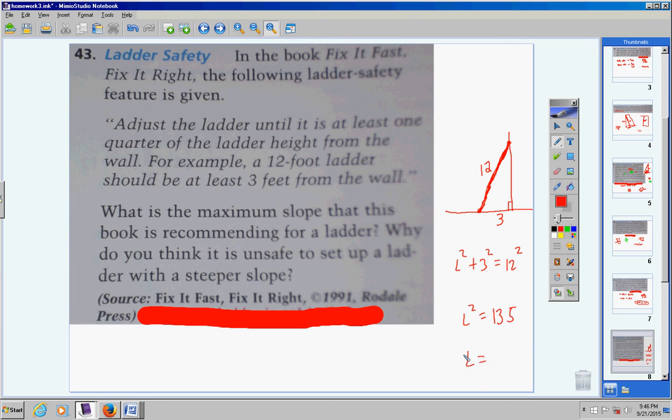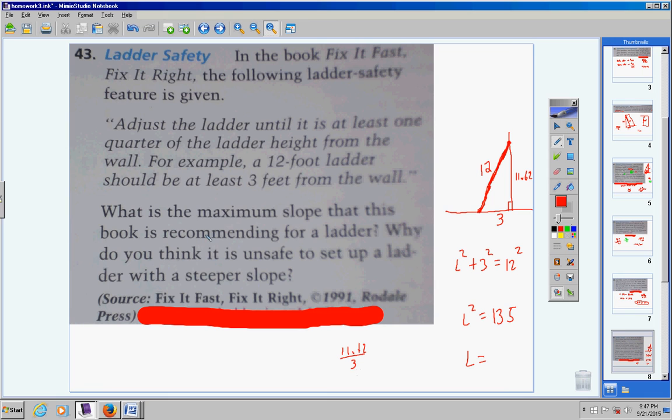The square root of 135 is, let me grab my calculator real quick, guys. The square root of 135 is 11.62. So now I know this height right here is 11.62. So my rise is 11.62. My run is 3.